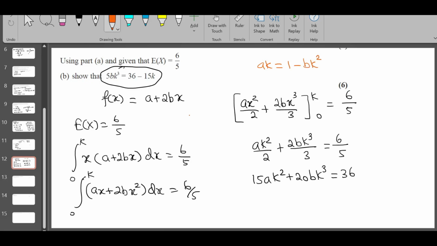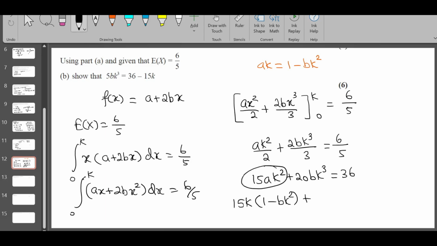So I'm going to take ak from here, replace it with this. So I can write this step as 15k. If I take 15k from this, I'll be left with ak, which can be replaced by this. Plus 20 bk cubed is equal to 36. Open the bracket, simplify, you will get the answer already.